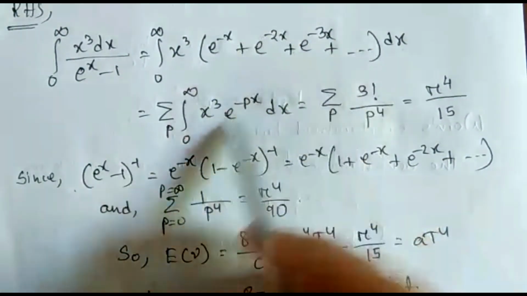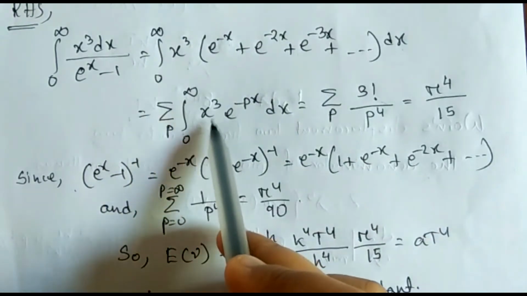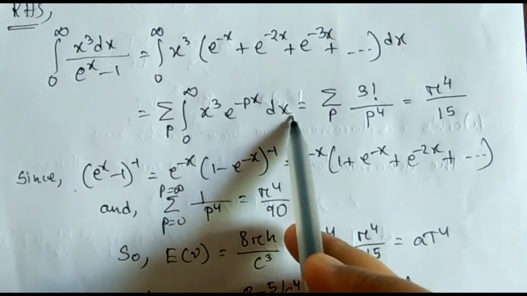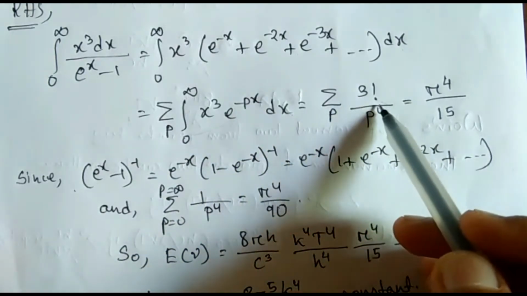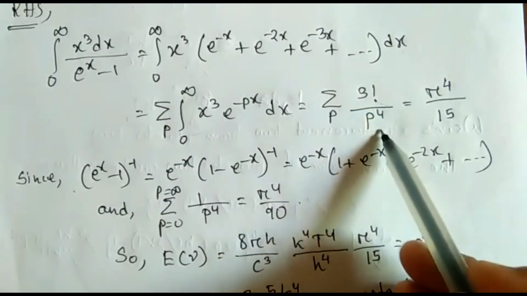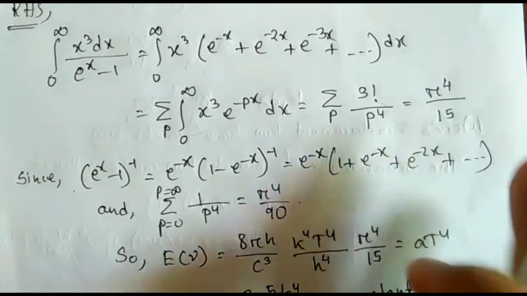This we can write as summation over p, integration 0 to infinity x cube e to the power minus px dx. It becomes summation over p, 3 factorial by p to the power 4, which equals pi to the power 4 by 15.